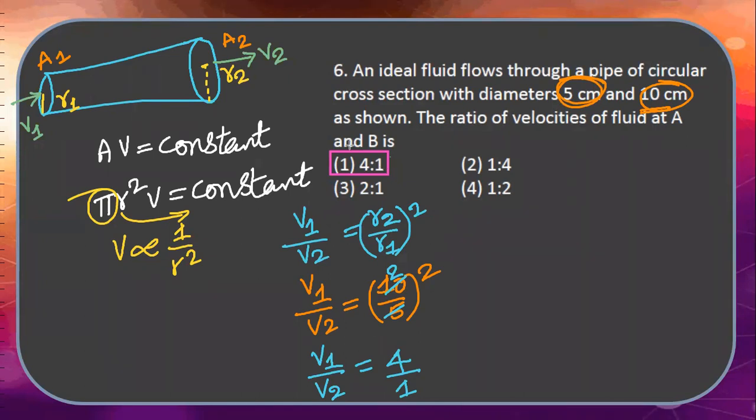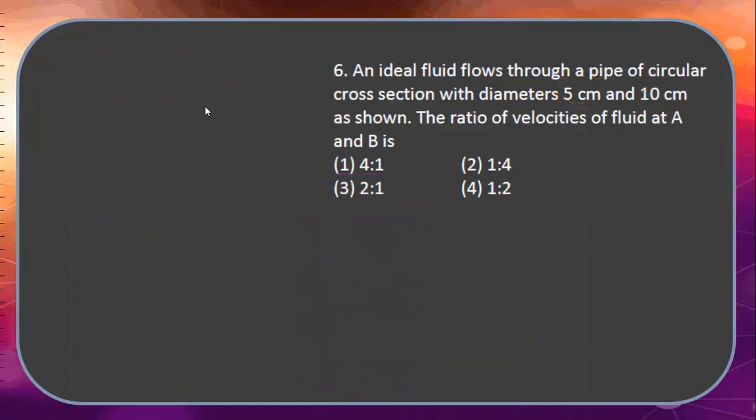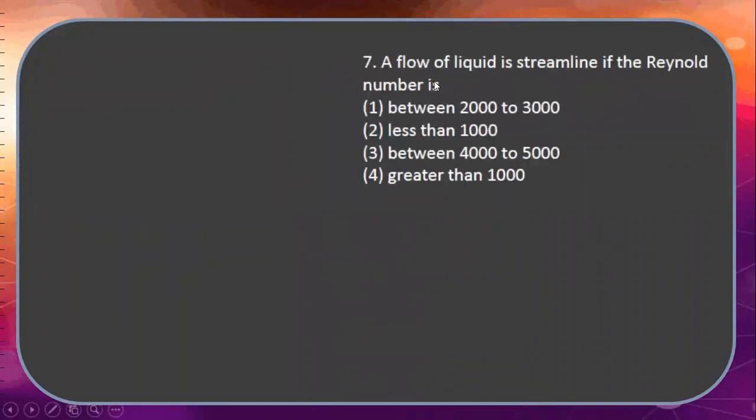Right? Next problem. A flow of liquid is streamlined if the Reynolds number is. If the Reynolds number is below 1000, that is called streamline flow. If the Reynolds number is between 1000 and 2000, that is the uneven flow.